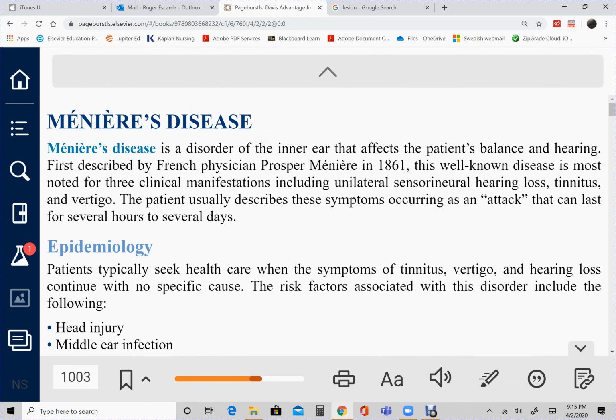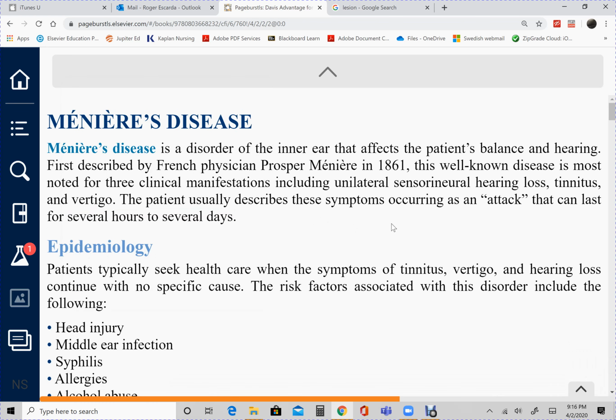Problem with this, just like vertigo, this is also debilitating. Most people with the disorder, especially if they can't get it under control, or when they're having attacks, can be disabled again, because the symptoms last from several hours to several days. This is not a good way to live.